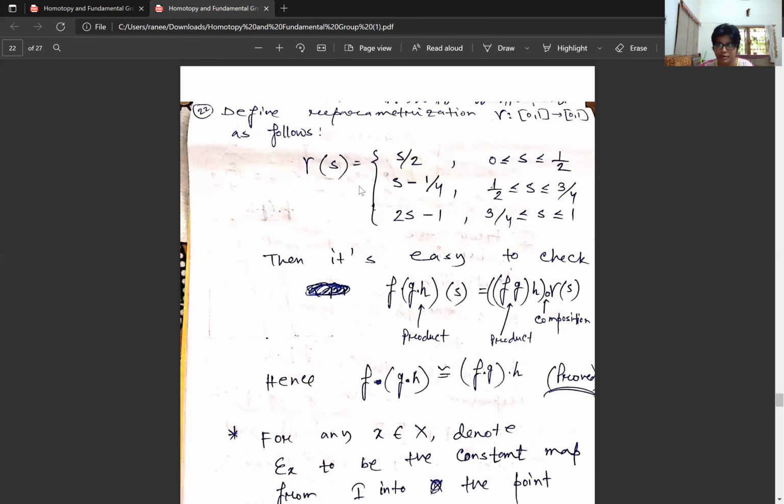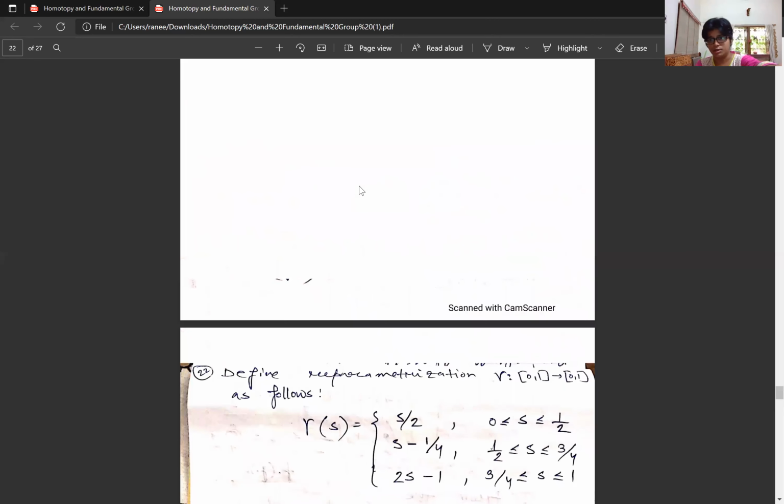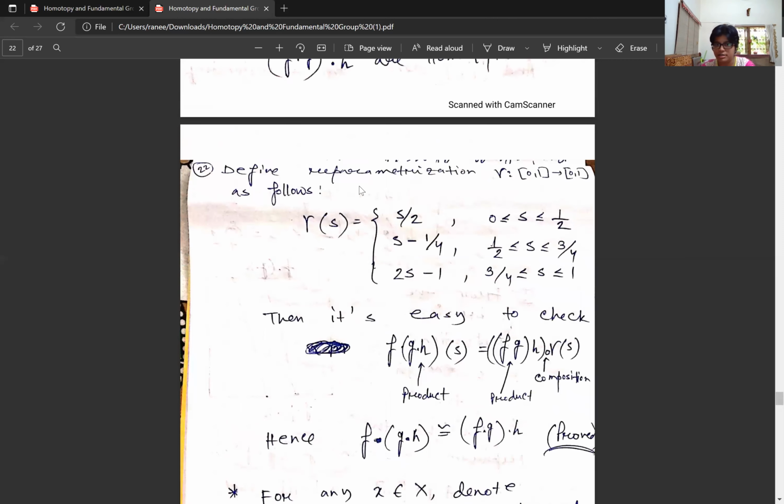If you ask me how I did this, it's just a mathematical calculation and elaboration. You have to find out this is the point and that is the point. This is the straight line homotopy joining them, and in the next step, this will be the straight line joining them. This is the picture for that reparameterization, and then you will get your gamma, which is the reparameterization in that sense.